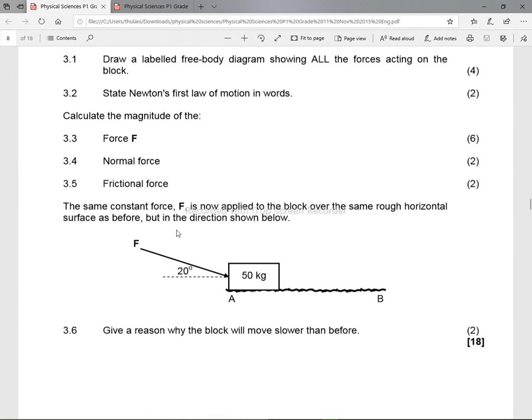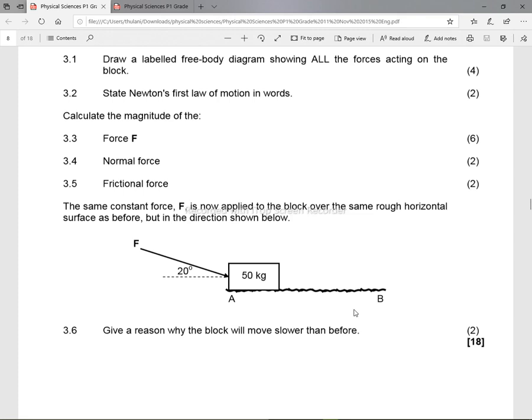They were pulling it, and now they push it at this angle. They say give a reason why the block will move slower than before. So here the normal force will increase, hence the frictional force will increase, and that's why the block will be harder to move. Because of the frictional force, it will be increased, and the normal force.